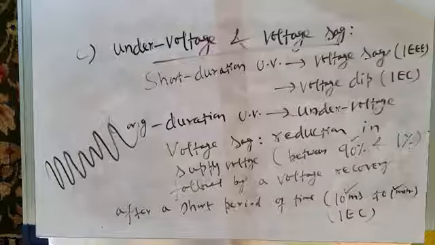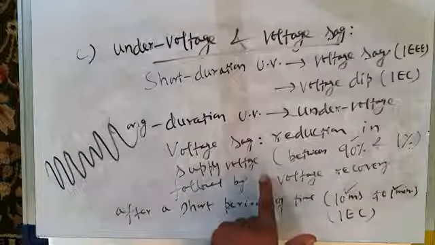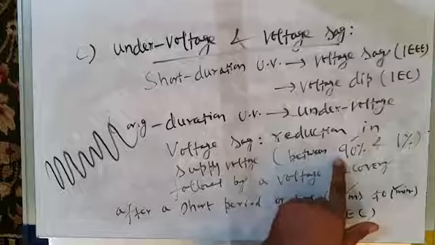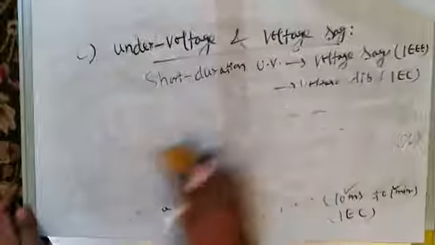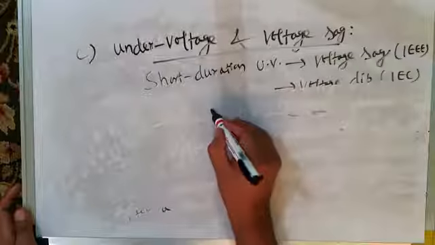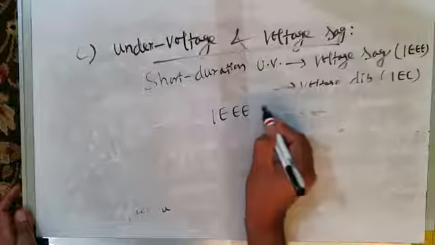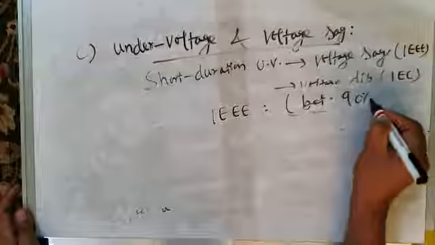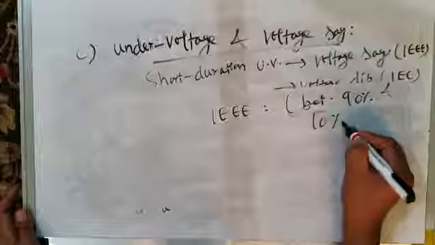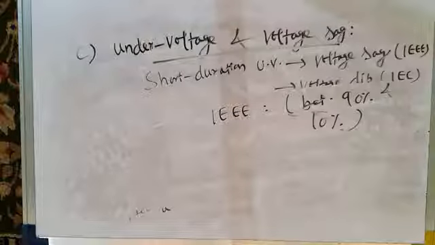Now this is the IEC definition, that is, voltage falls between 90% and 1% of declared voltage. But according to IEEE, if the voltage falls between 90% and 10%, not 1%, of declared voltage, then it is voltage sag.